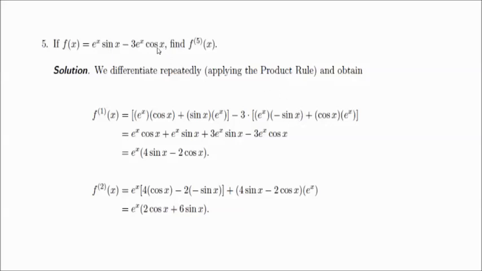Okay, derivative ng, again, copy yung e raised to x. Derivative ng cosine x is negative sine x. Plus cosine x, derivative ng e raised to x is e raised to x. Okay? And then simplify. So magiging ganito siya. Then this one plus 3e raised to x sine x.